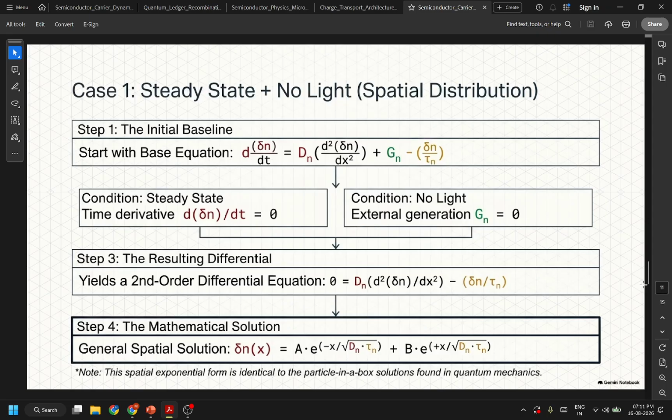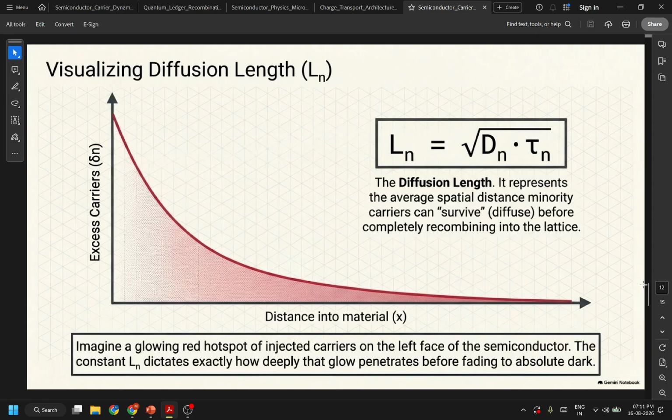So this is similar to our particle in the box solutions we had found in the first class. And this square root of Dn into tau n can be written as Ln, which is called the diffusion length, which represents the average spatial distance minority carriers can survive and diffuse before completely recombining into the lattice.